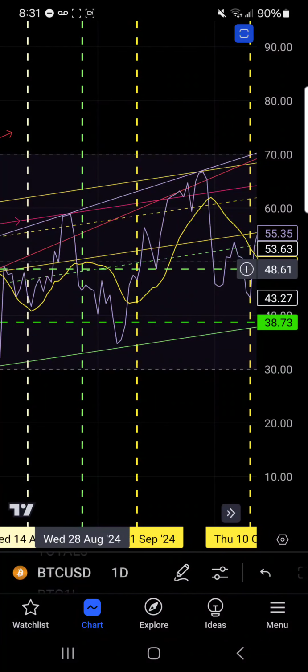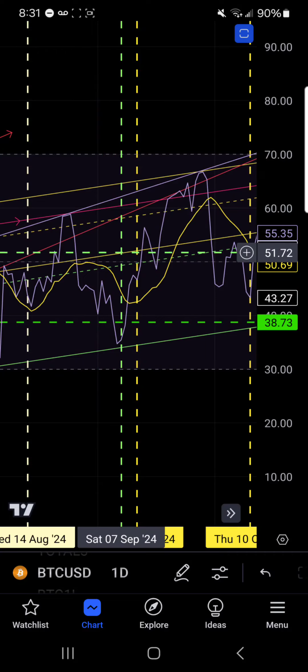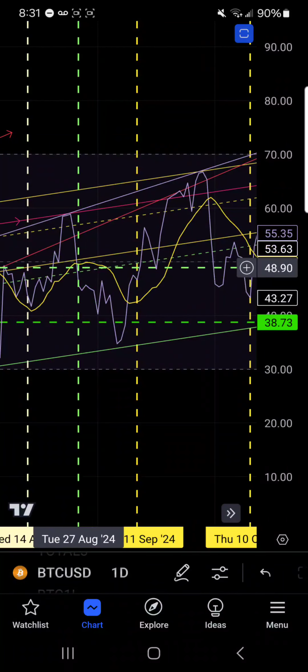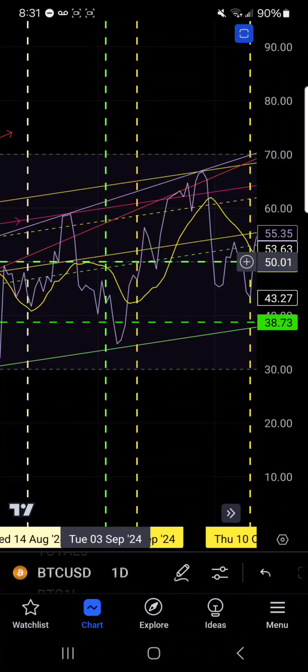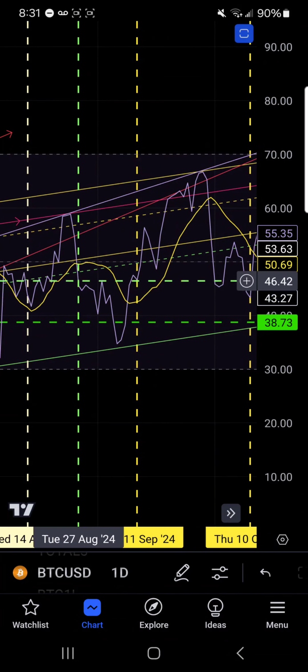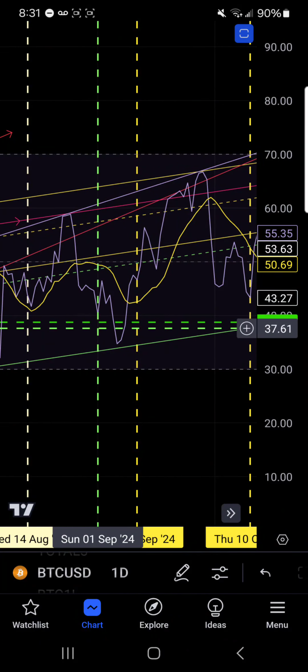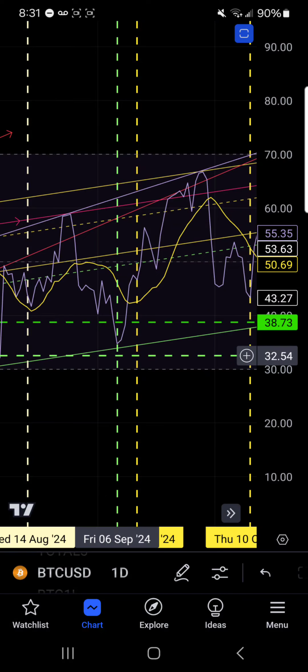So when we did cross below there, not only were we crossing below the moving average, we were crossing below the center line into the bearish zone. So that is why this one not only came down 8%, but continued to go down even further after that.